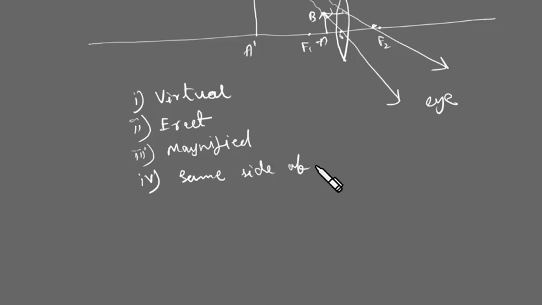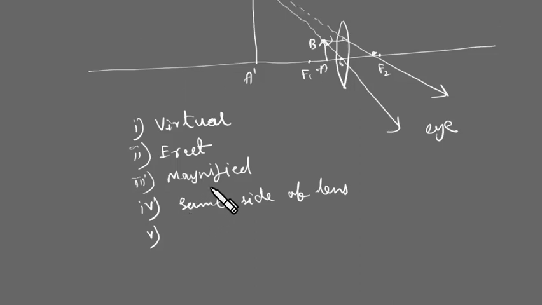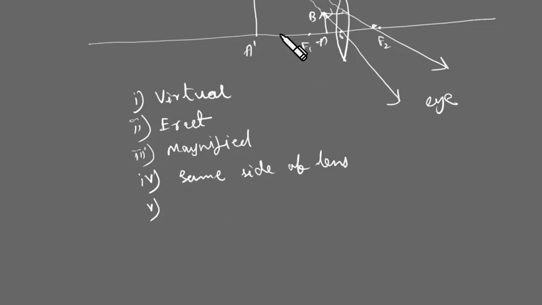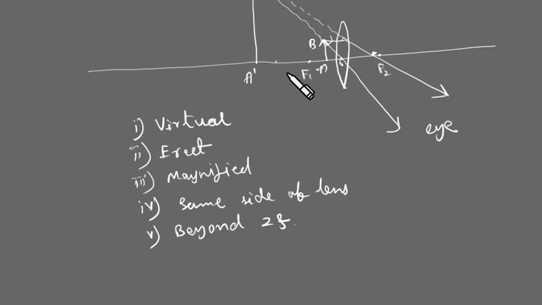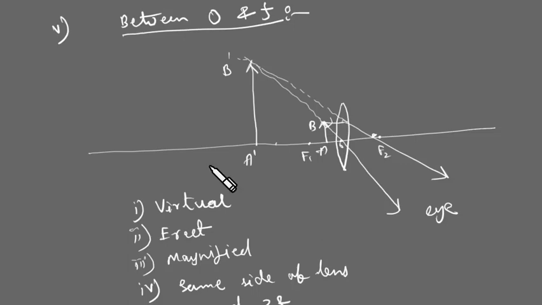And the fifth one is that it is beyond 2f, but on the same side of the lens as the object. Okay, so these are the 5 properties of the image when the object is placed between the optical center and the focal point.